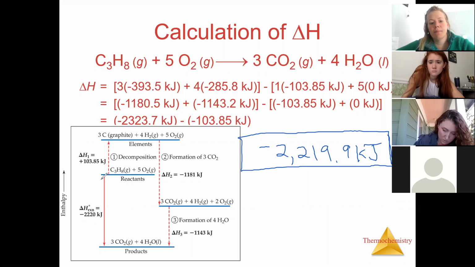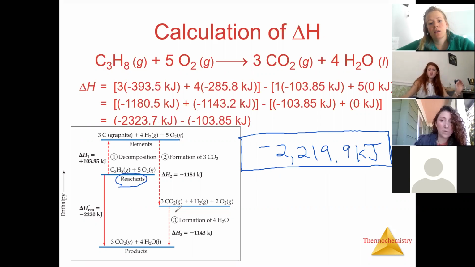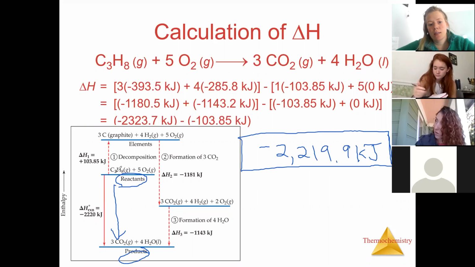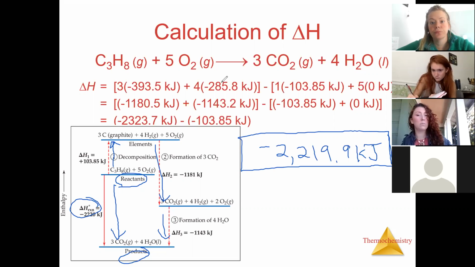And again, it doesn't matter that, with our reactants here and products here, we go up to decompose and then come back down to formation, because delta H is a state function. So we can do all sorts of crazy stuff to it because it'll all end up summing up.